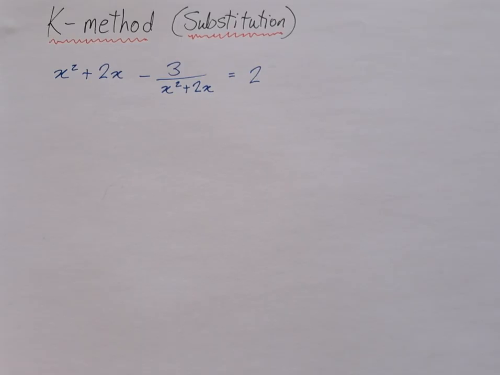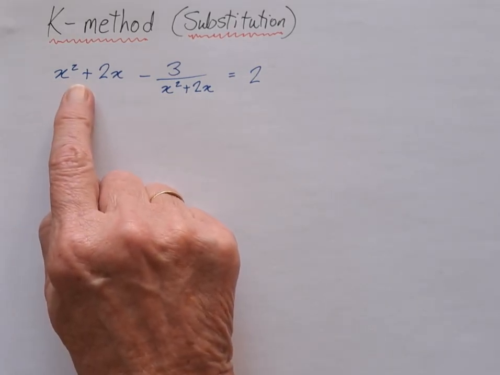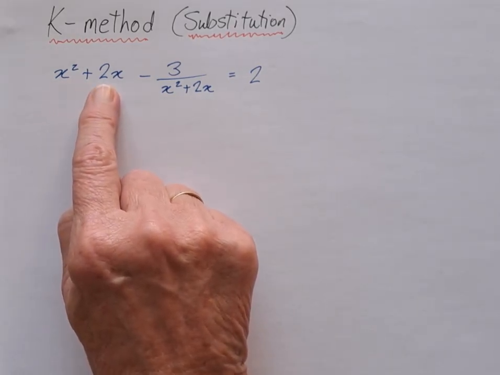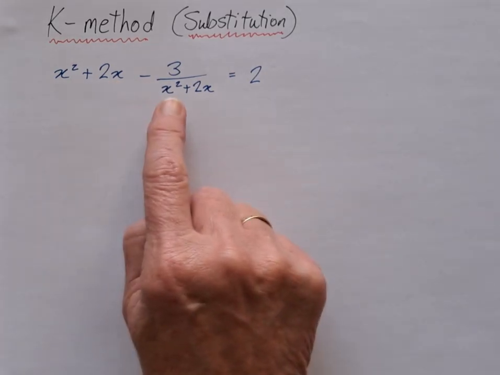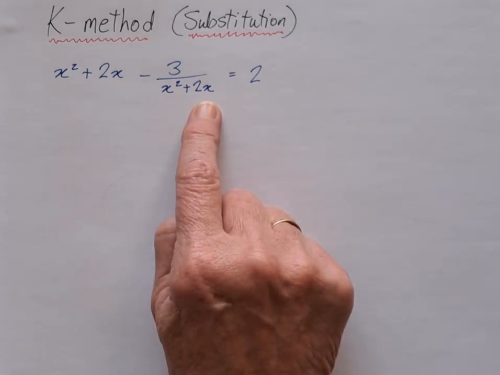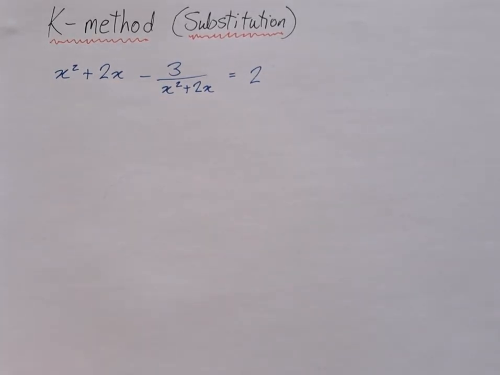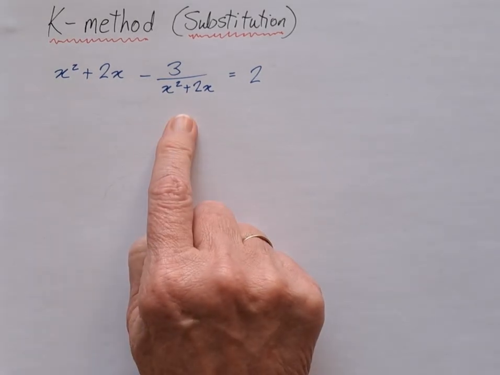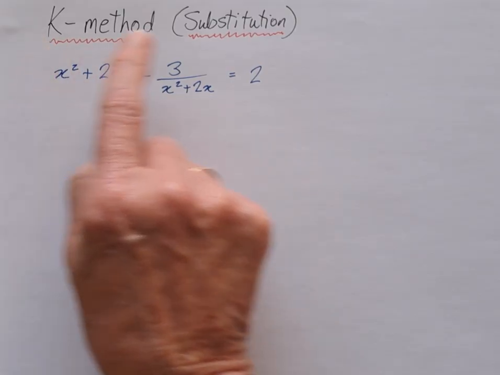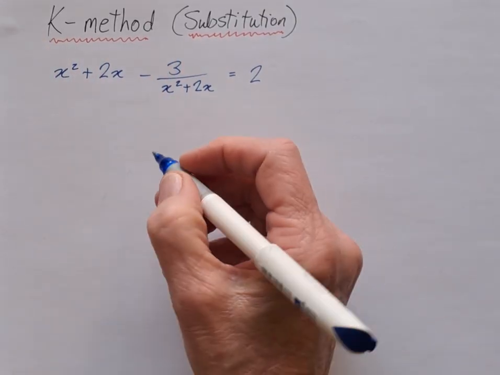The other way of spotting it is we have an x squared plus 2x in the numerator here, because remember that's over 1, and we have the same thing in the denominator, and that's another way of spotting when to use the K method. So what we're going to do is literally substitute part of this equation with K, and that's why it's also known as the substitution method.